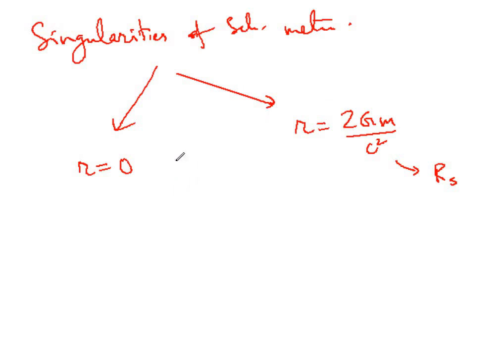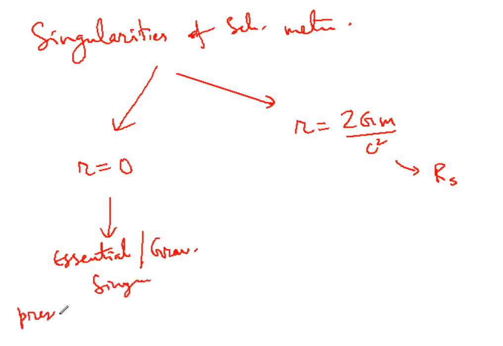Now this singularity r is equal to 0, we have also seen previously in the Newtonian theory. So this is basically an essential or gravitational singularity, which is present also in Newtonian theory.